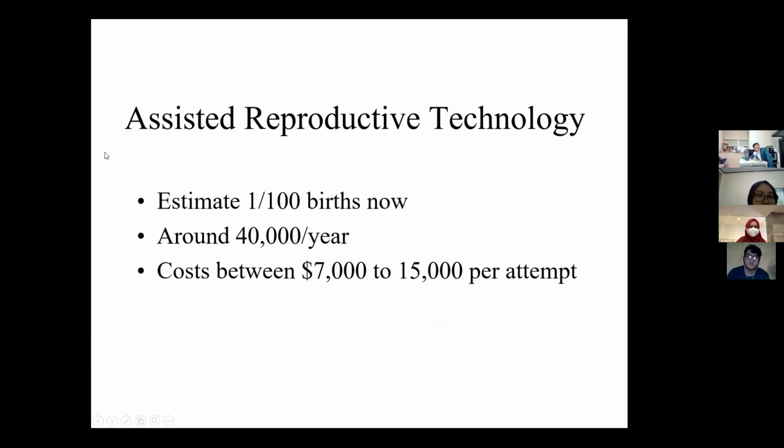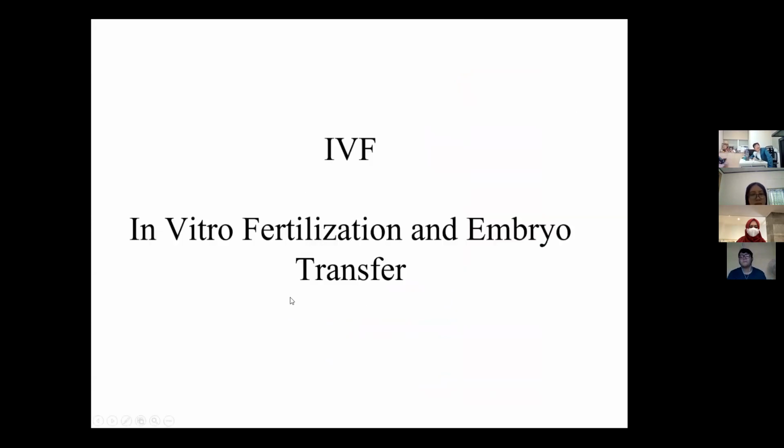And ART, every year in the United States, has 40,000 cases, very expensive, so-called IVF-ET. This is the gold standard here.